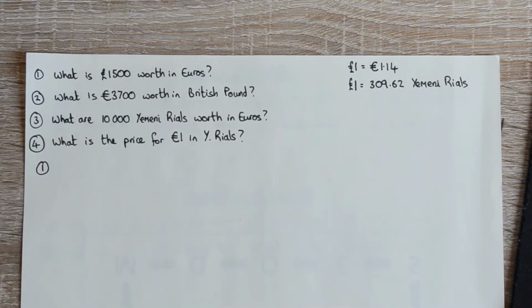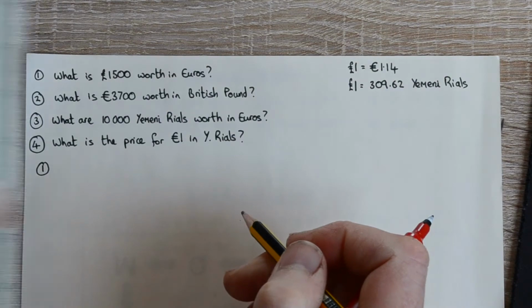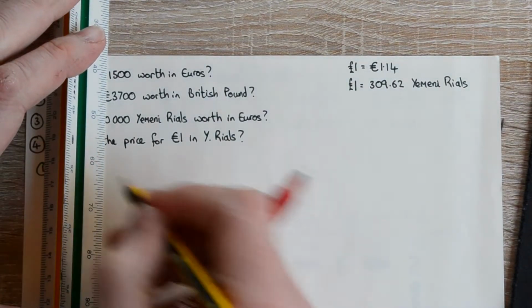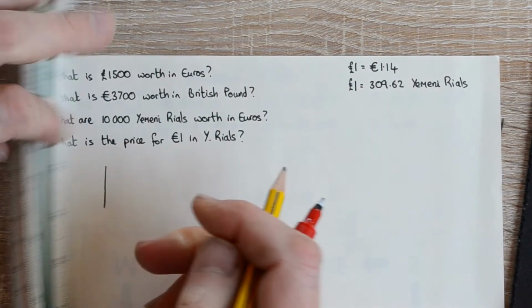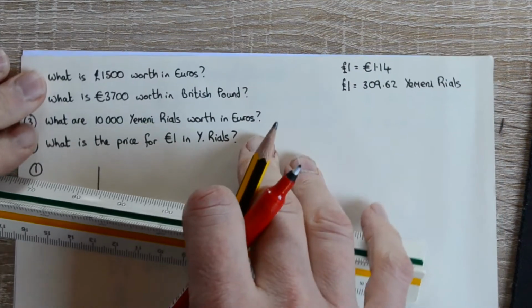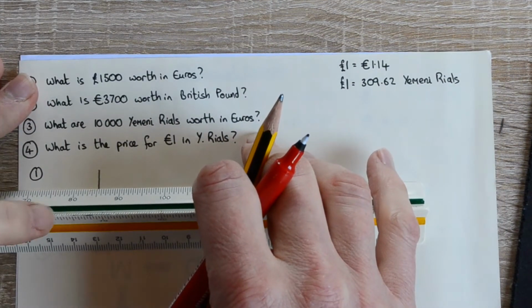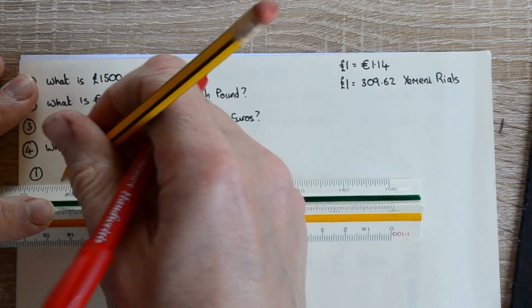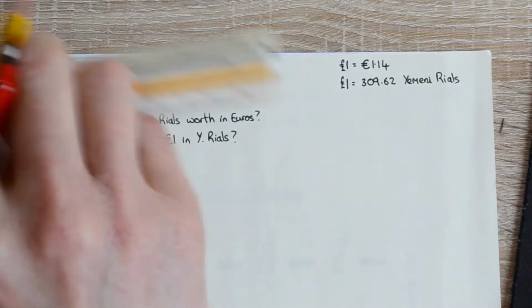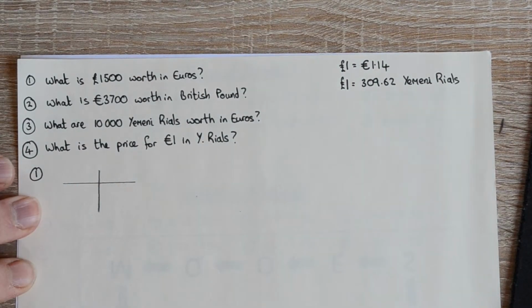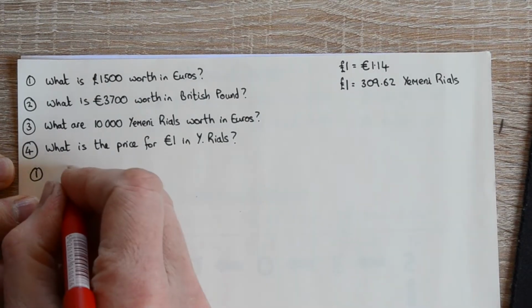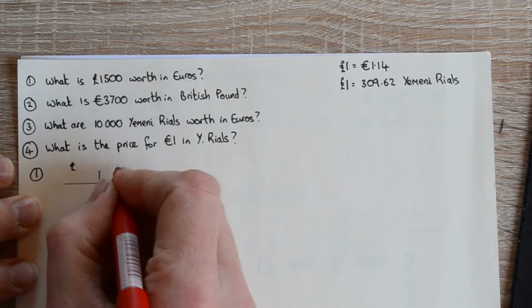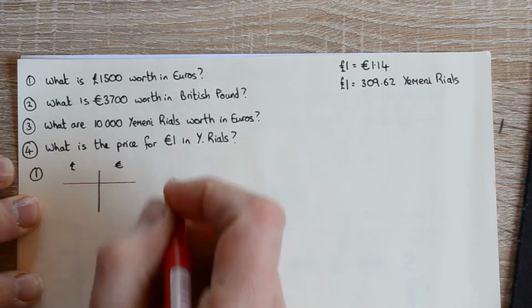The way I do these is I draw a small table. On one side we put our pounds, and on the other side our other currency, euros.